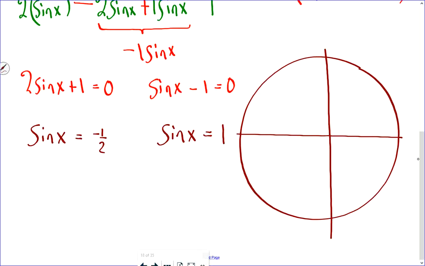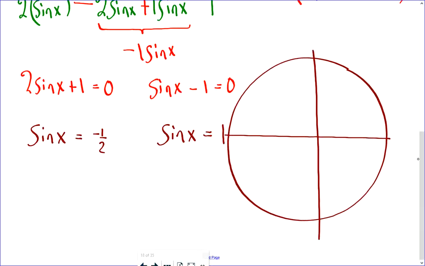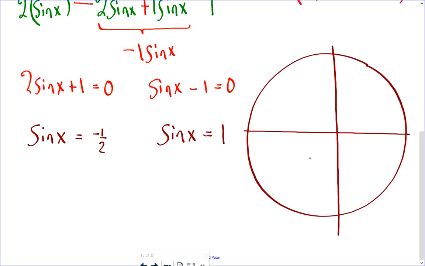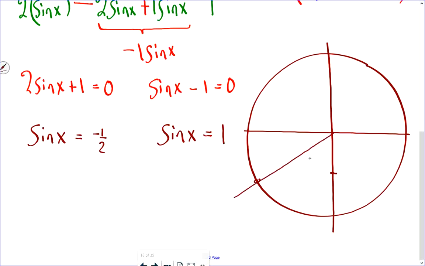But where, it's not a great placement of my axes, let me fix that. Where is the y coordinate negative 1/2? Here, which means at this position, and here at this position.